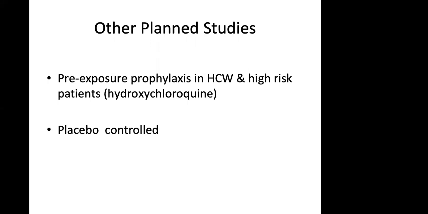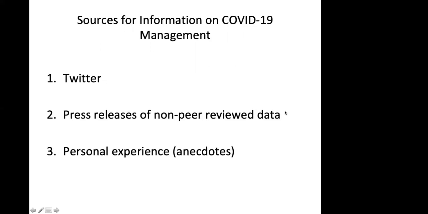They'd be randomized to receive either placebo or hydroxychloroquine, and then the participants would be followed to see whether they develop symptoms with confirmed COVID-19 or not, compared with placebo. And then high-risk patients such as the elderly in nursing homes. These studies are planned to start soon. Some of them have already started recruitment, like the healthcare workers study.